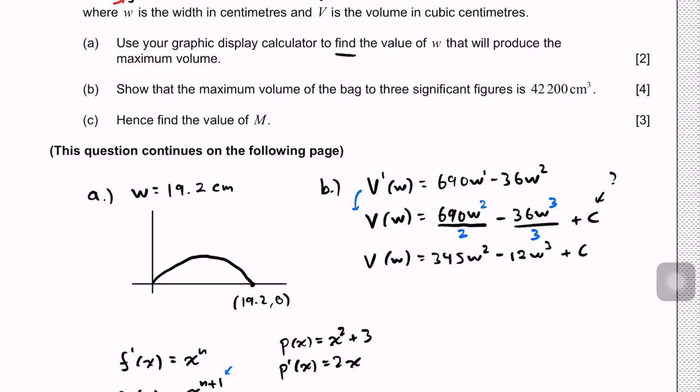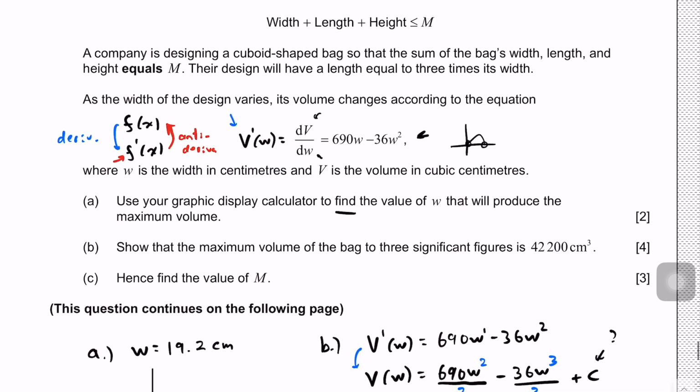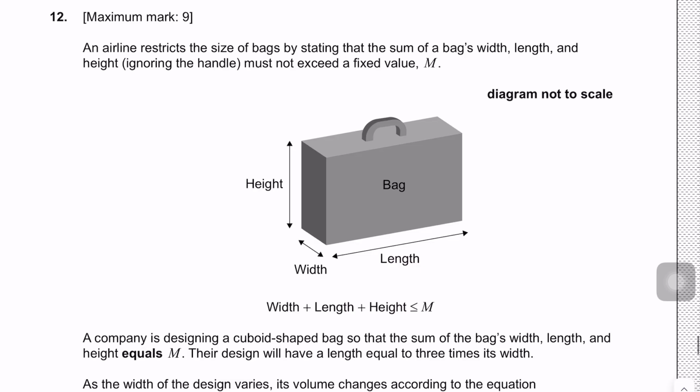In this case, we have to be maybe a little clever or creative to find a point, VW, a combination of width and volume. And how can we do that? I think there's a lot of intuition here.